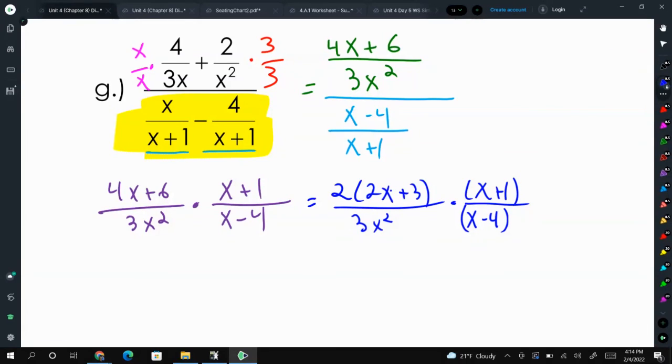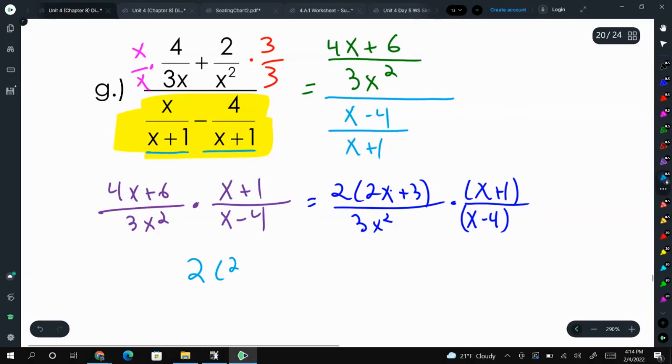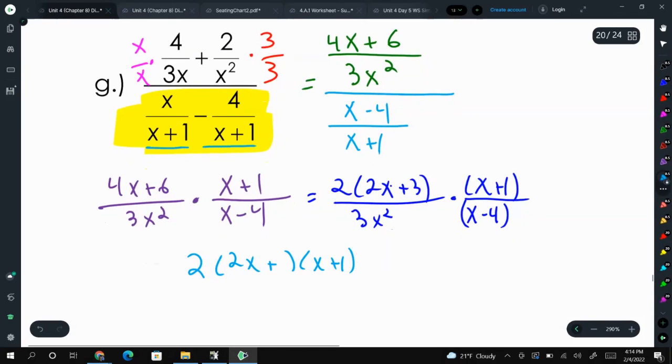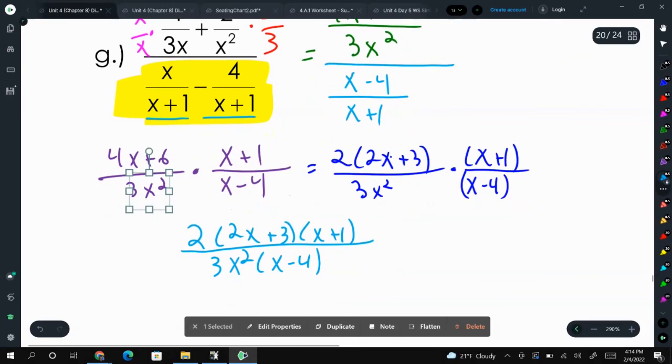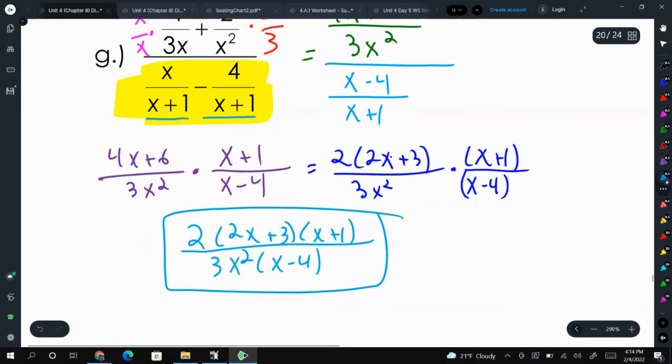And now I'm going to write that all as one fraction. 2 times 2x plus 3 times x plus 1 over 3x squared times x minus 4. I can't cross anything out, so I'm just going to leave my solution like this.